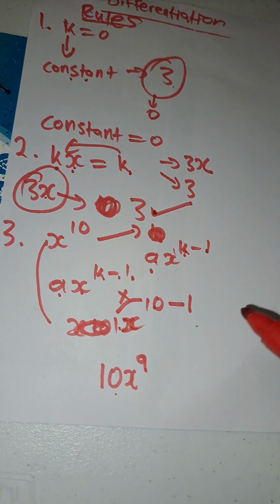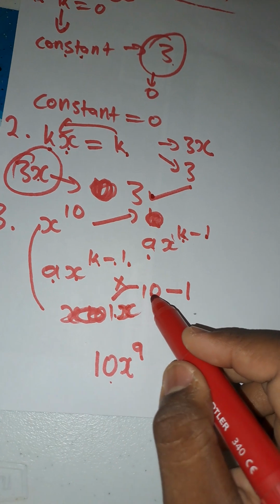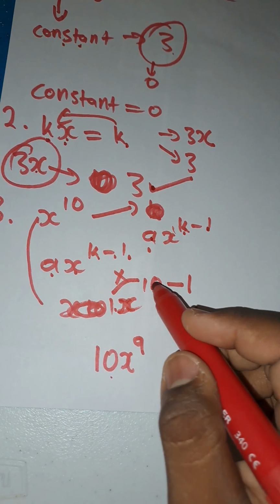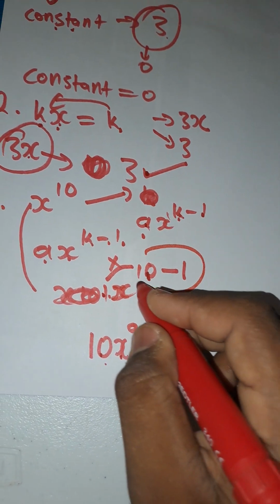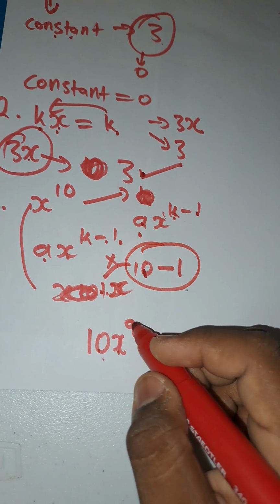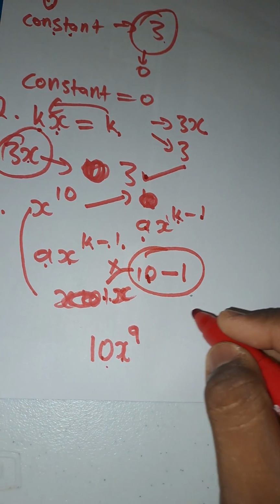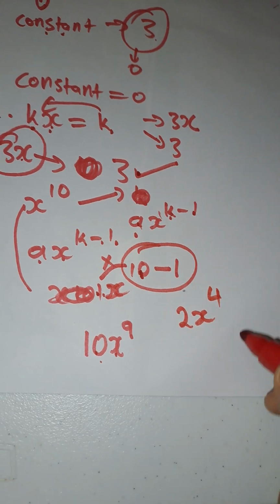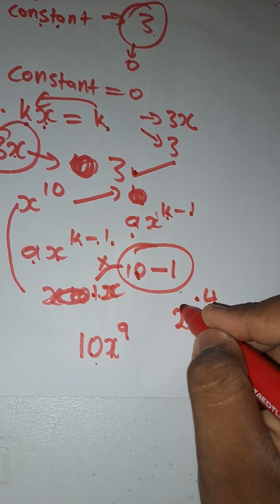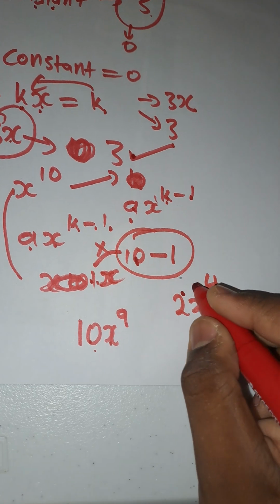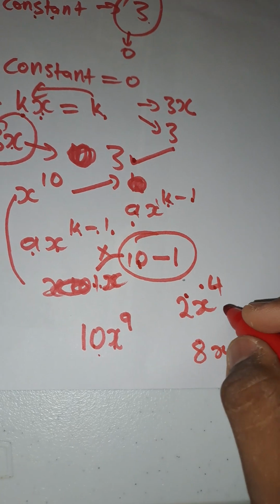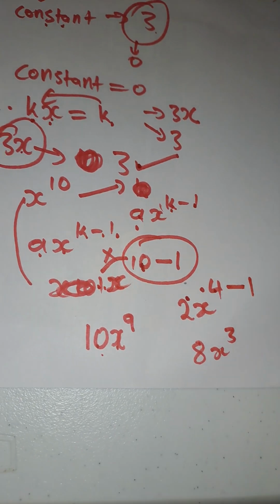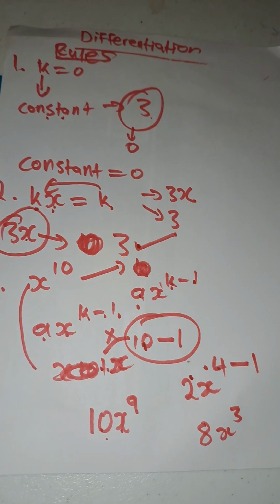If you want to differentiate it, it will be this k times a, which is the same as 10 times 1, and then you write 10x, but the exponent is 10 minus 1, so you write 9. For the third one, if you have something like 2x to the power of 4, it will be 2 times 4, which is 8, so 8x, and then to the power of 3, because it's 4 minus 1. Okay, so that's how it is. So let's check more examples. So check this one now.